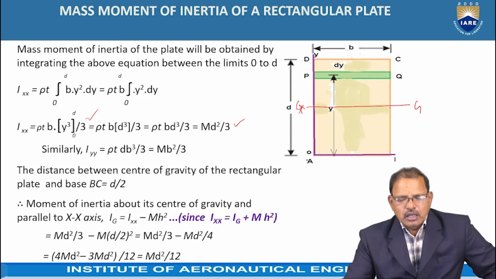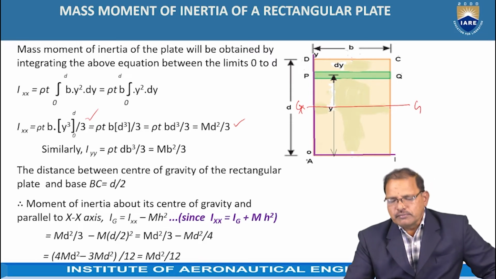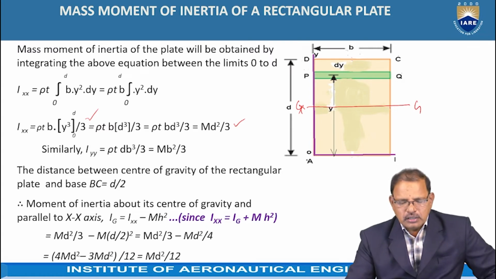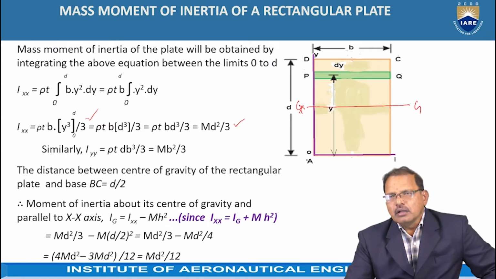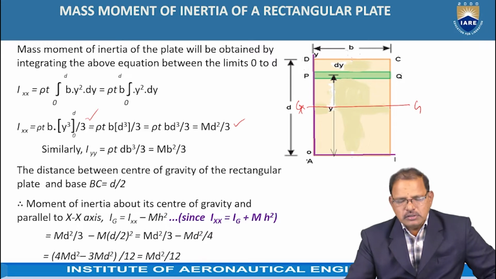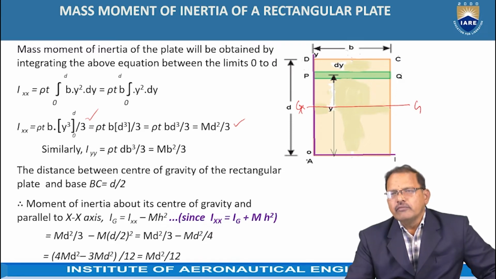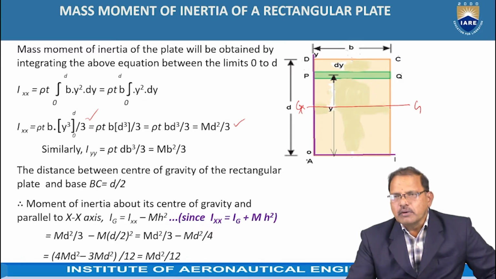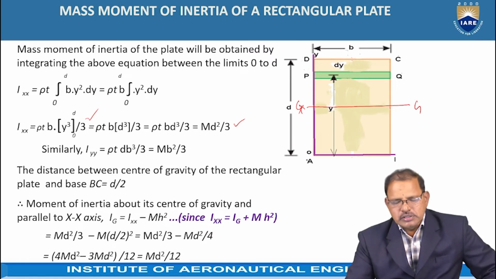So according to the parallel axis theorem, IAB is equal to IGG plus M H square, where M stands for the mass of the body, H stands for the distance between the two parallel lines AB and GG.